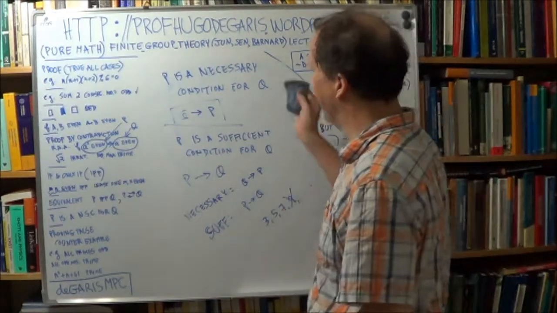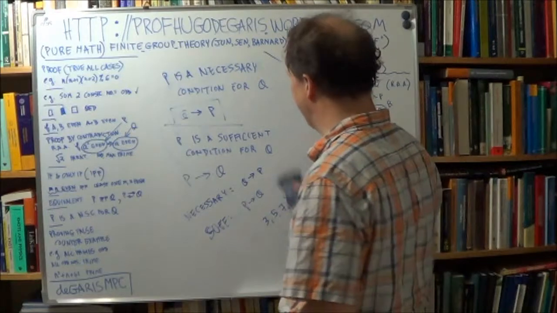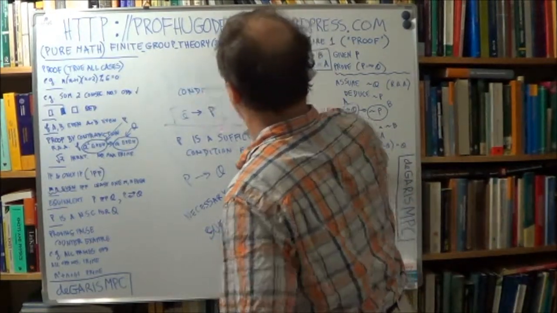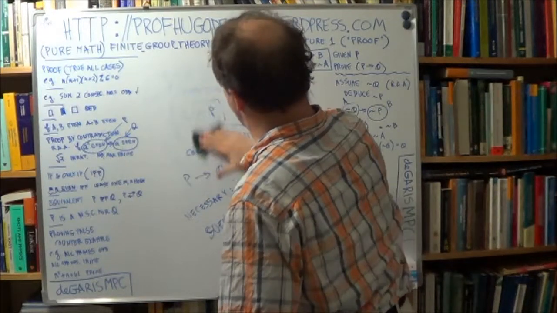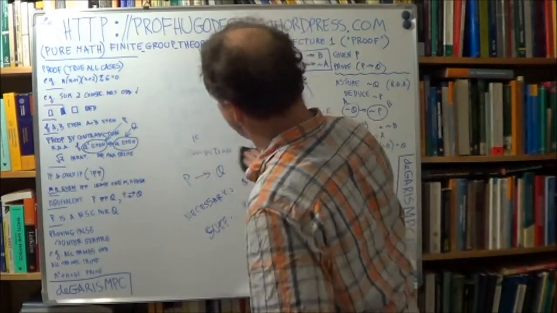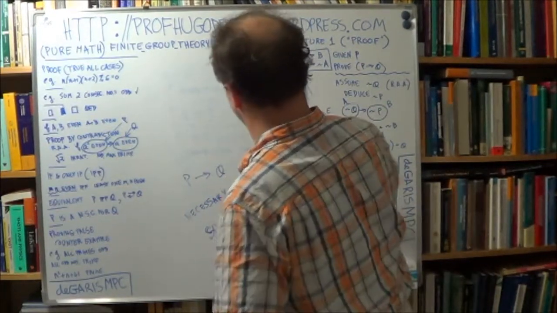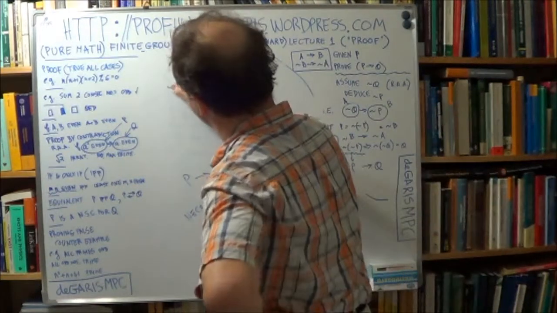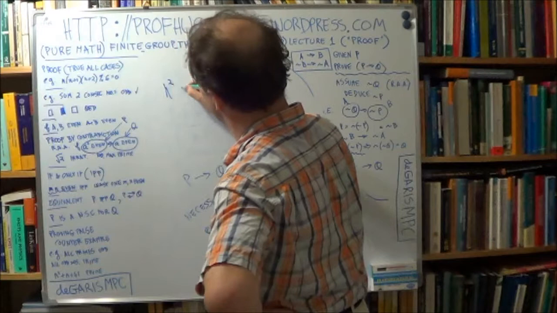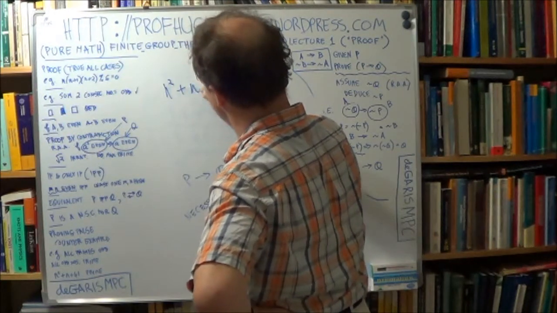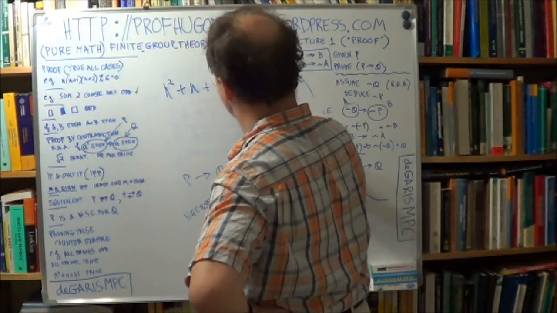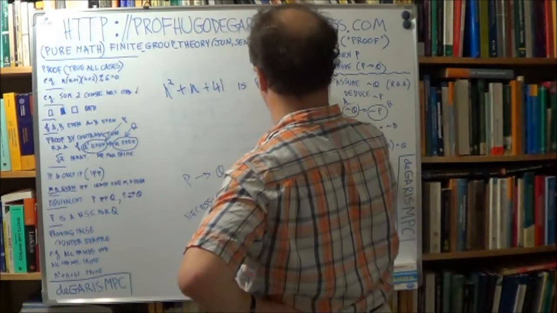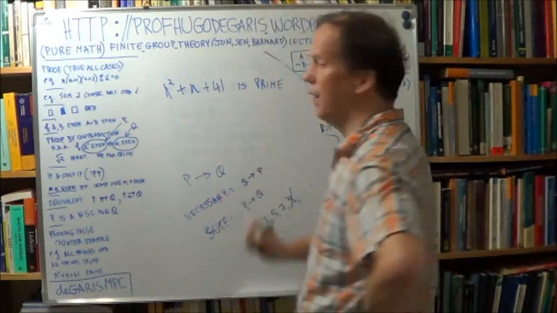Okay, something a little bit harder. Some proofs are not easy. So let's try this one. Now here's your hypothesis: n squared plus n plus 41 is prime. Okay?